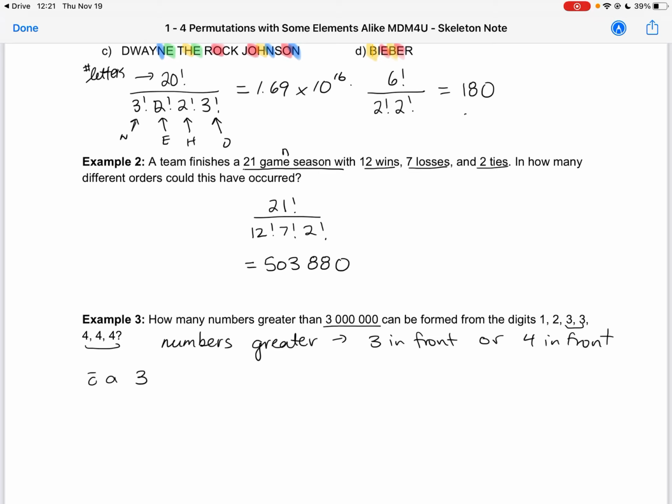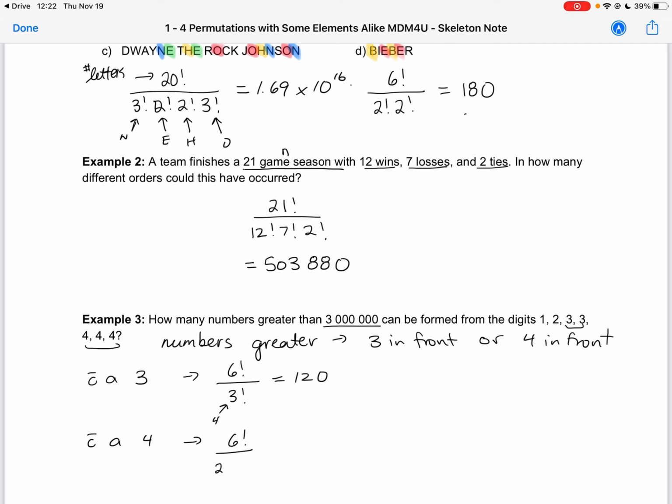So with a 3 in front, we would have 6 factorial, so that's our N value, divided by the number of repetitions in our remaining letters, which would just be our 4s. So that would be 3 repetitions of that 4, which is going to give you 120 possibilities. With a 4 in front, I would again start with my total number of possibilities here, and then I'm going to divide by the number of repetitions.